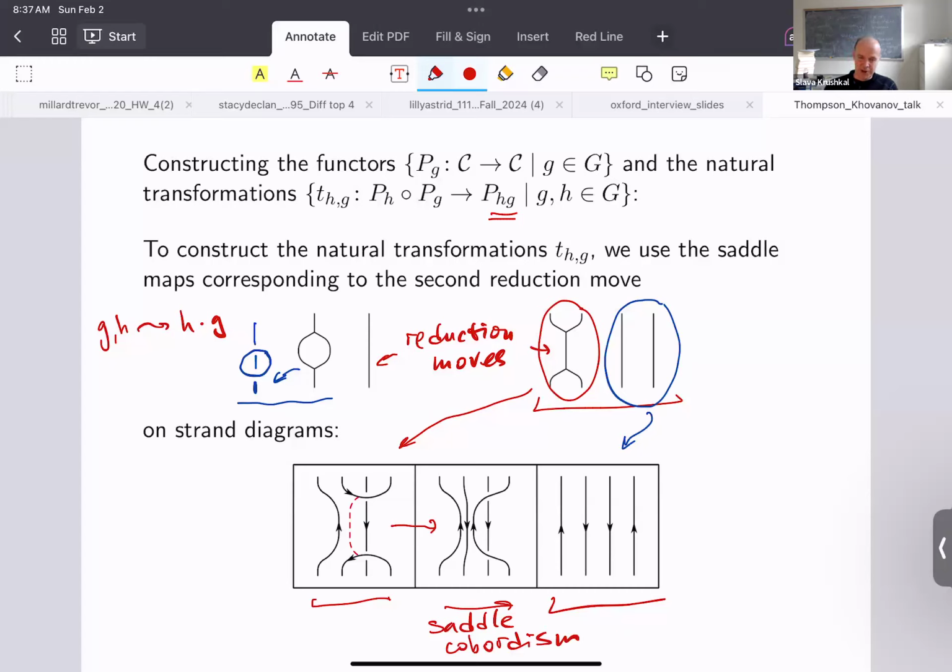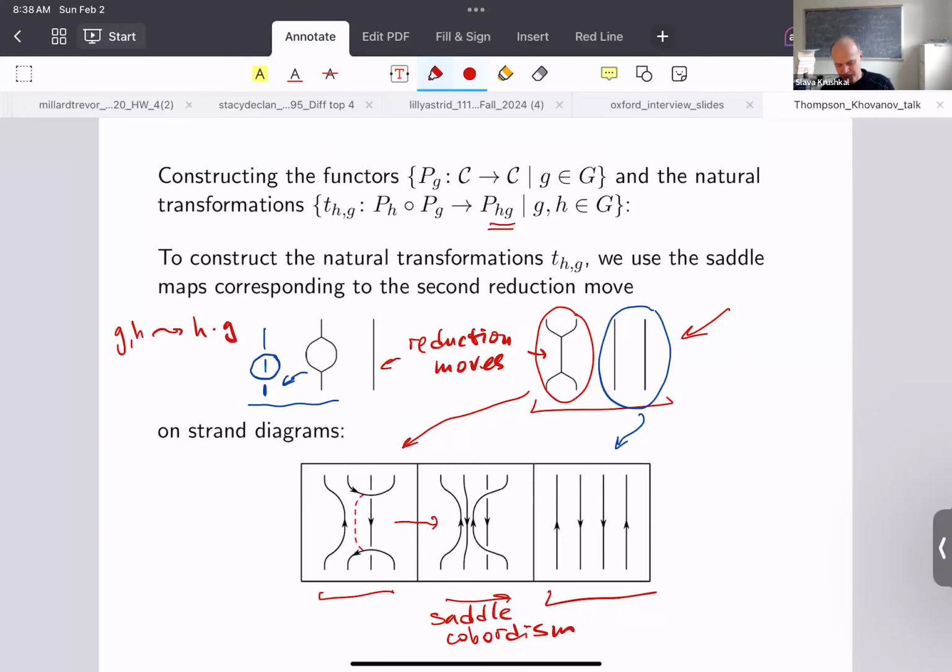And there is actually a non-trivial proposition that if you have a sequence of these type 2 reductions, these type 2 moves on the right, there is a well-defined composition. So it does not matter in which order you do these type 2 moves. And this proposition actually does not work if you consider both type 1 and type 2 moves.